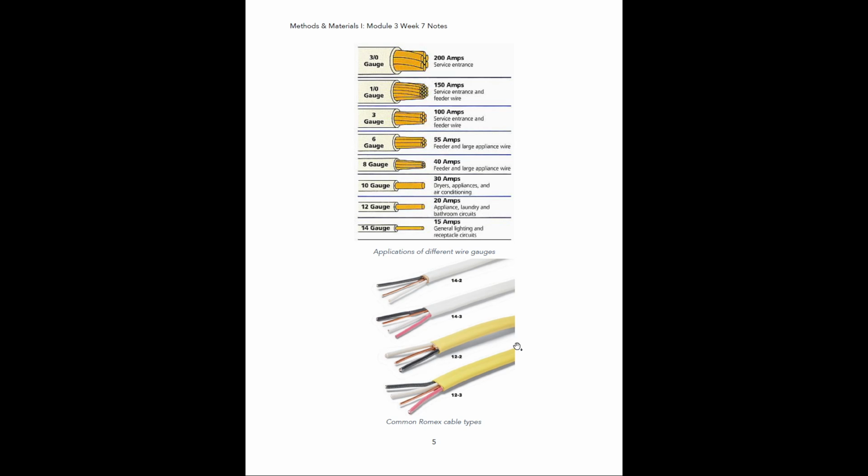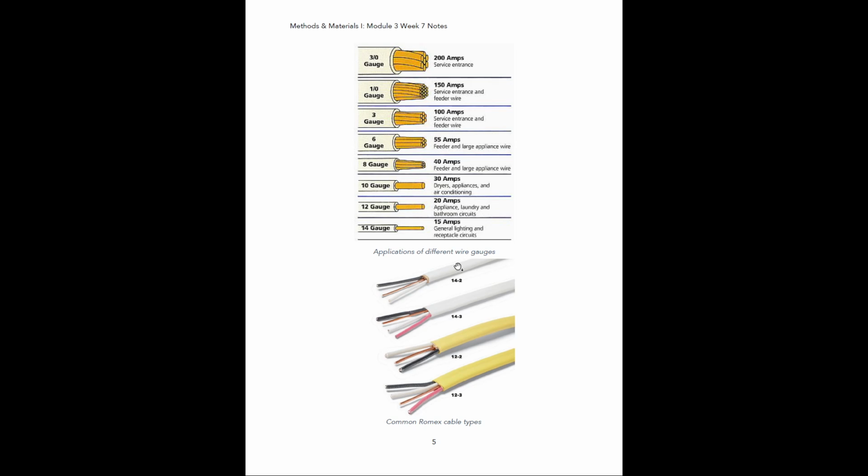This is an example of a 12 gauge wire. Whenever you see a wire that has a yellow sheathing, that'll usually indicate that it's a 12 gauge wire. If it has a white sheathing, that's usually going to be a 14 gauge wire. There are also other colors too, like orange and black, and usually the color is used to indicate the gauge of wire just by looking at it.